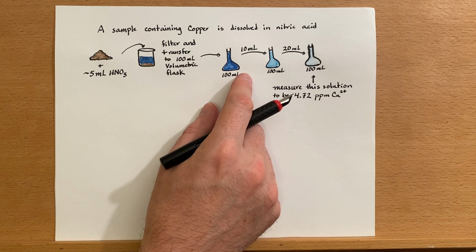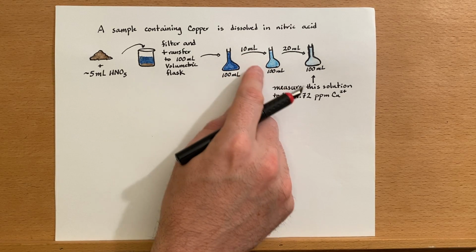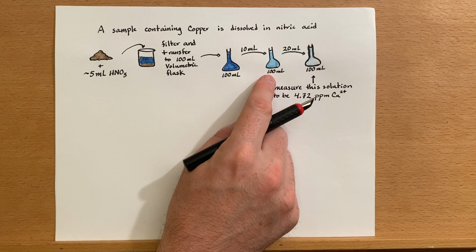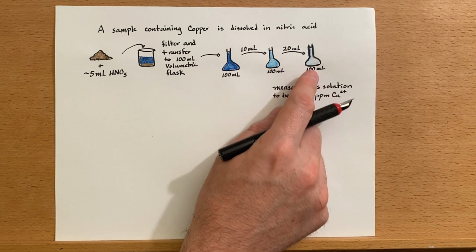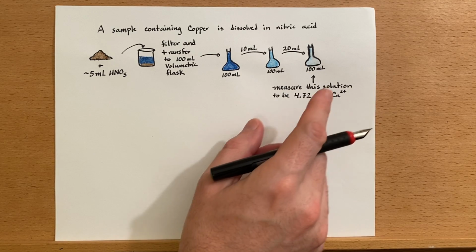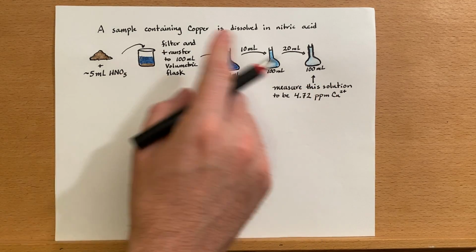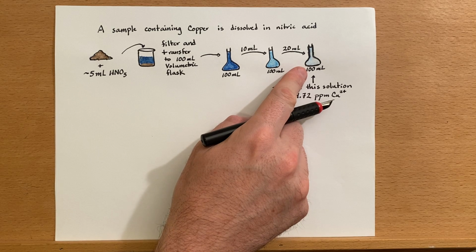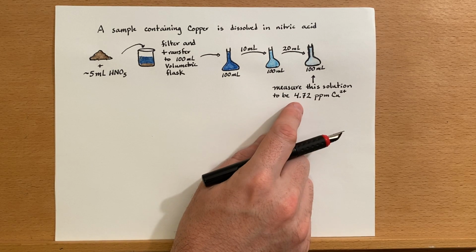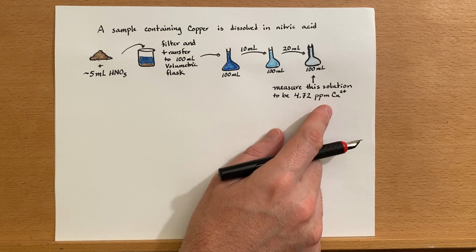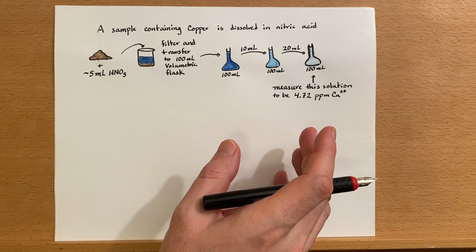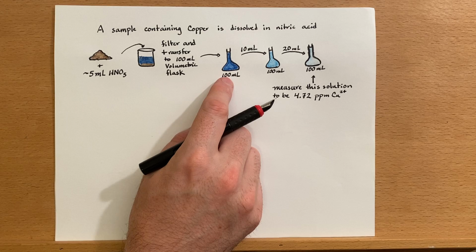First we take 10 milliliters of that solution and dilute it into 100. And we do one more dilution where we take 20 milliliters and dilute into 100. After we do all of that, we measure the concentration of this solution as 4.72 parts per million in copper. So now the question is, what is the concentration of copper in this flask?